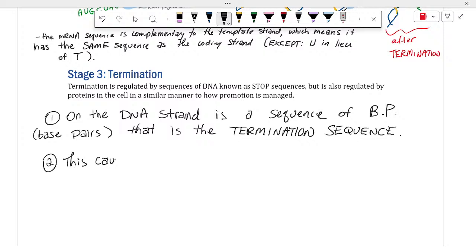This causes RNA polymerase. Is everyone comfortable with me just calling that RNAP to cease transcription?